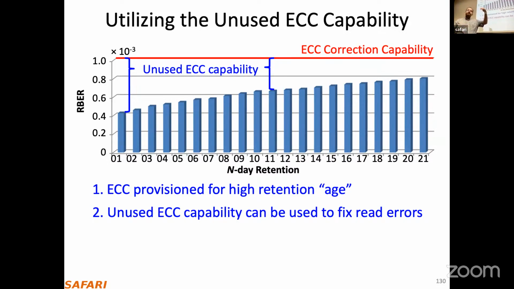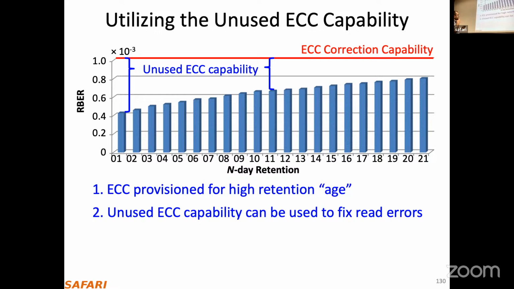But reducing VPass has a more long-term effect, because it reduces the issue of weak programming, and you will avoid errors that are bad, that you cannot easily recover from. So that's actually a very clever insight here.